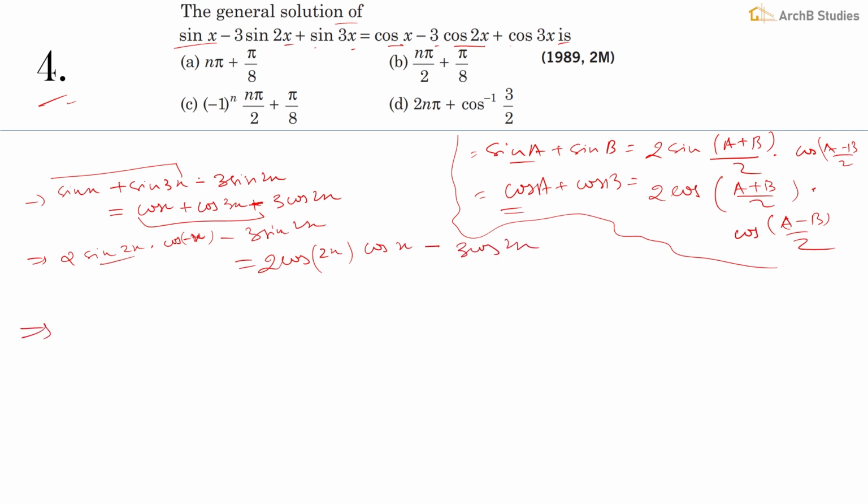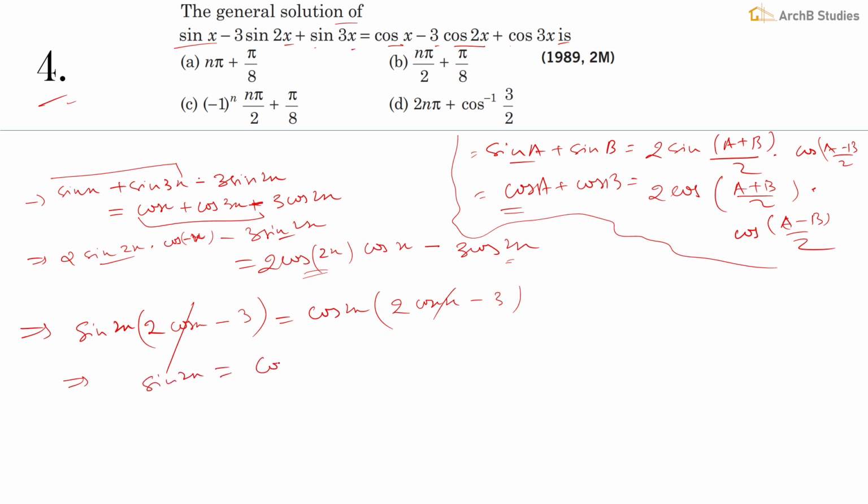Now taking sin 2x common, 2 cos x, cos of minus theta equal to cos theta. Okay, it will be 2 cos x minus 3. This side taking cos 2x common, 2 cos x minus 3. Okay, this is cancelled.